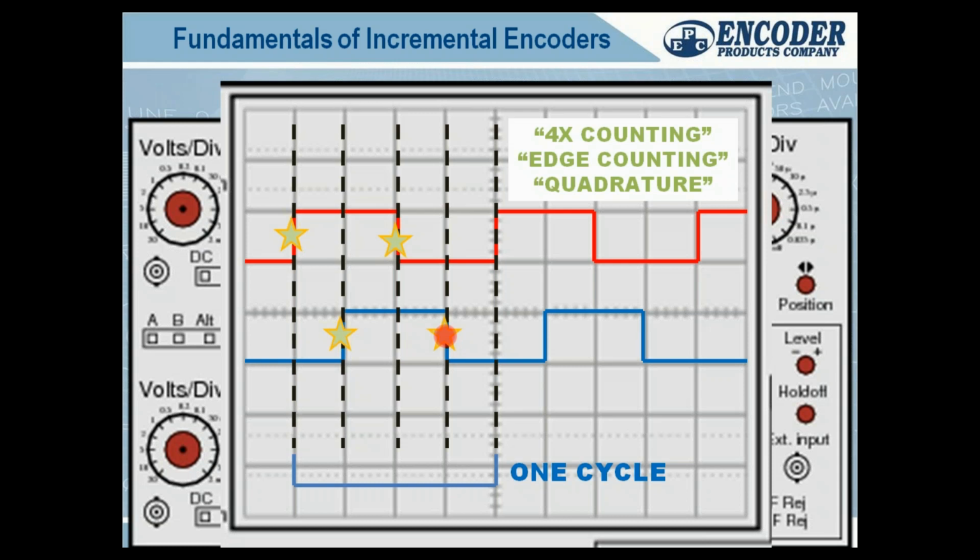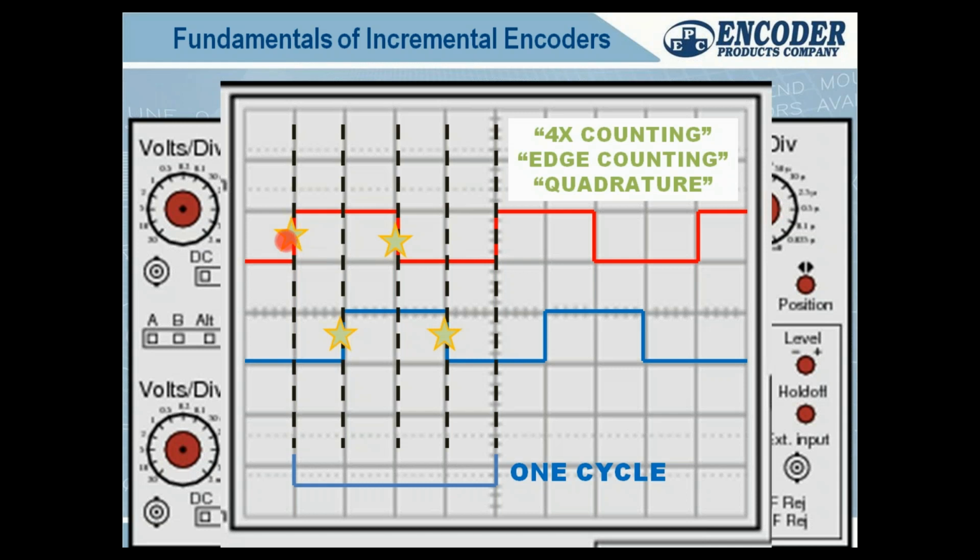So when you have a PLC or a digital readout or whatever, and you see that it has quadrature, the capability for 4x counting, edge counting, or quadrature, it's all the same thing. It's counting all the edges as unique positions, and you'll have some that offer 2x and 4x.